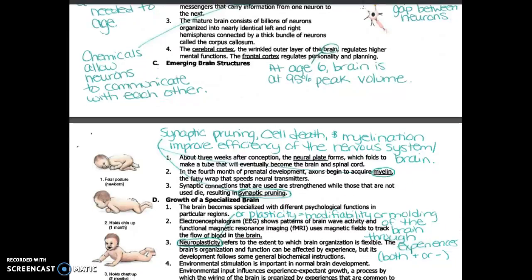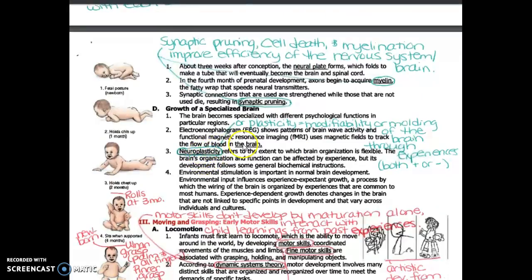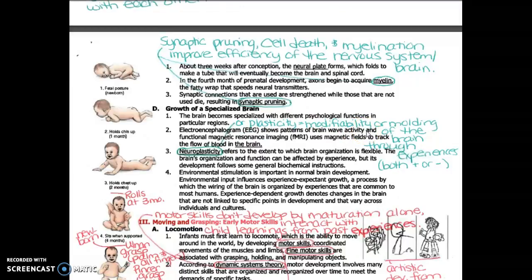That leads us to talking about neuroplasticity. Neuroplasticity, or plasticity, refers to the modifiability or molding of the brain. We're not born with a brain that just stays the way it is. No, all of our experiences, both positive and negative, change our brain and mold our brain.